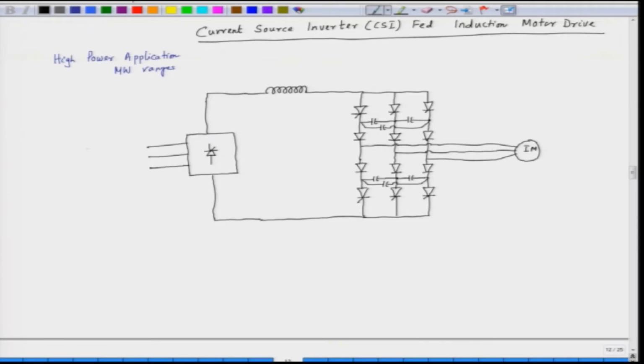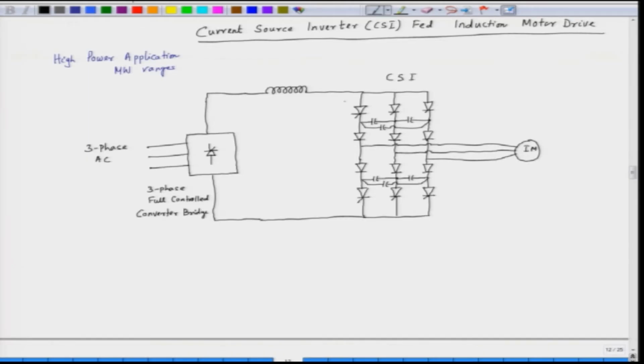The input is 3-phase AC. This is a 3-phase full controlled converter bridge, and this is our current source inverter.